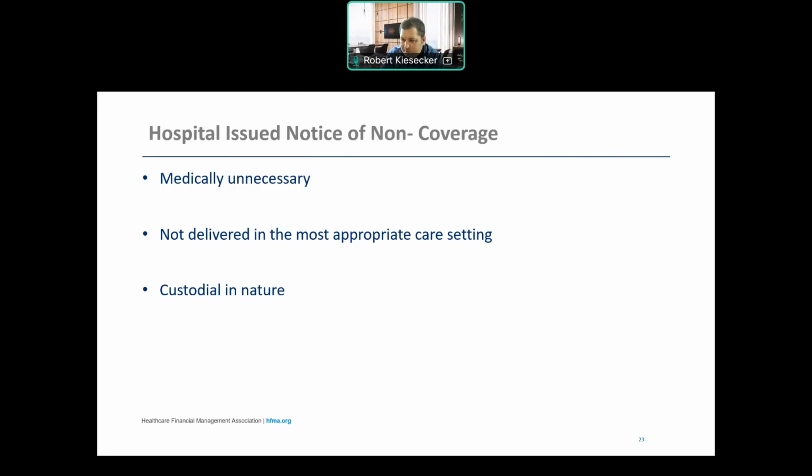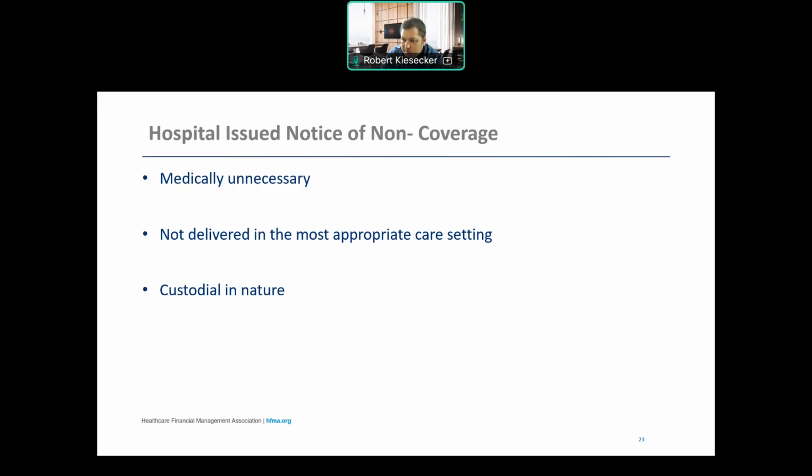A good example is a mom or grandma was in the hospital and her family was notified on Friday that the physician put in orders for her to be discharged. When the family was contacted, they informed us that they were going away for the weekend and no one would be available to pick up the mom until Tuesday.